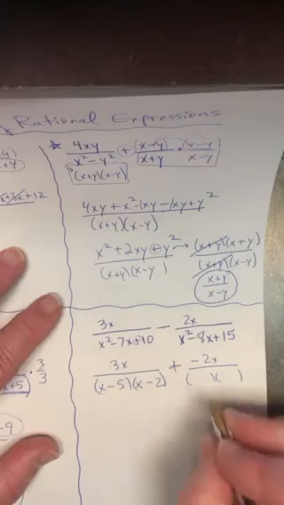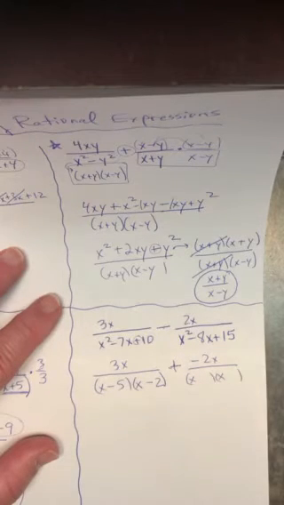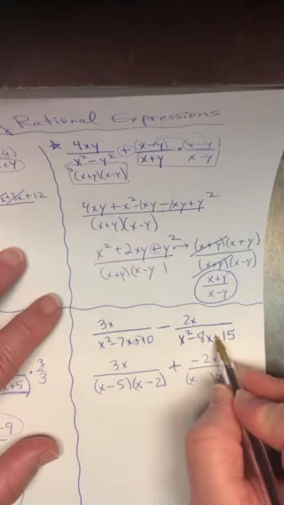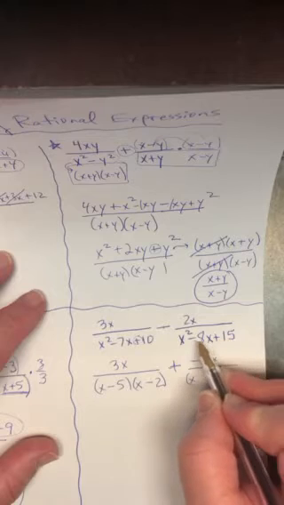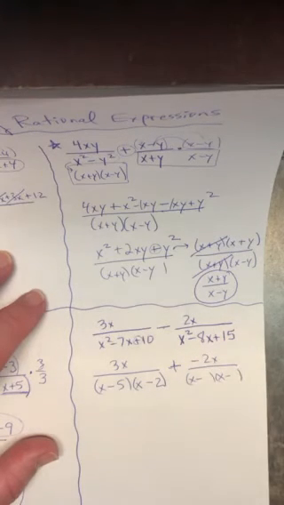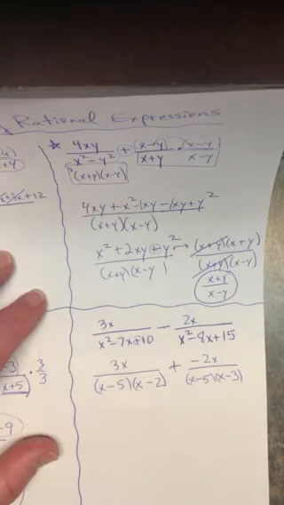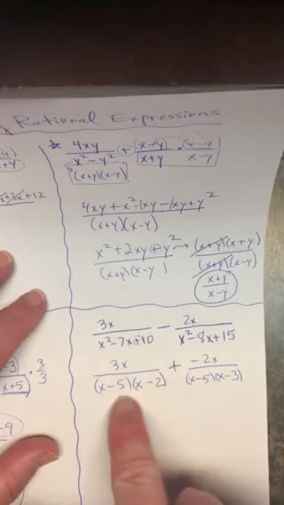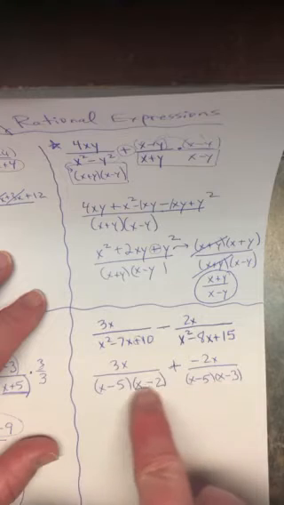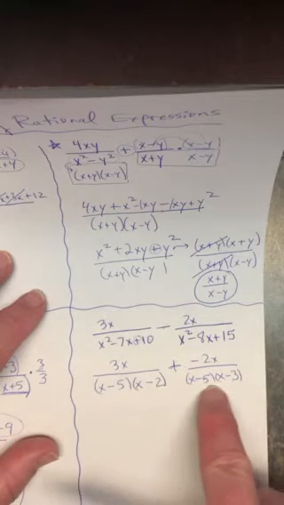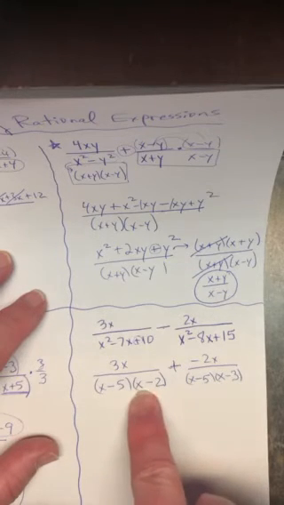Agreed? X squared would be x and x. I have a plus at the end, so my signs are the same, both minuses. And I use 5 and 3. I'm comparing and I'm praying that those two denominators are exactly the same. Well, guess what? They're not.